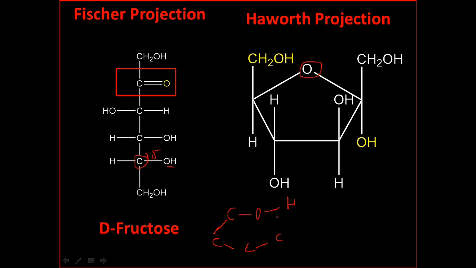The second carbon carries the double bond O and the CH2OH. The oxygen, same rule, is a very electronegative atom. It has 2 lone pairs. It will have a partially negative charge, and the carbon here will also have a partial positive charge.